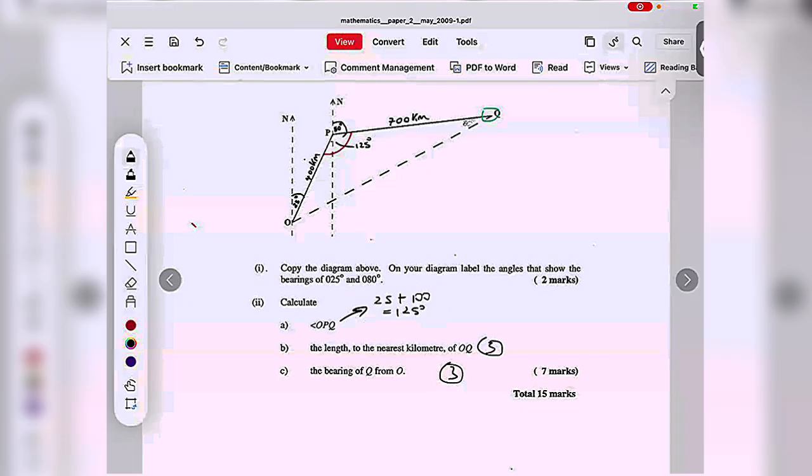All right. The length to the nearest kilometer of OQ. Who knows how to find OQ? You're going to use the cosine rule. That is correct.